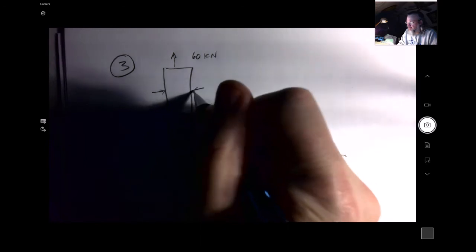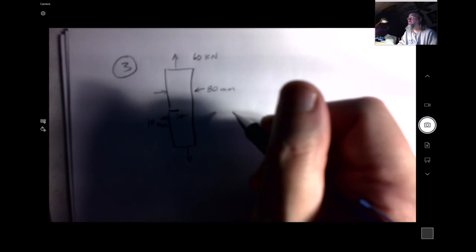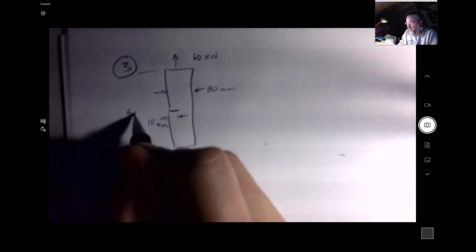But how wide is it? I think I decided to make it 80 millimeters wide. And the crack is 10 millimeters, or the saw cut, we should say. And it says 6 meters long. That's long. 6 meters, boom.